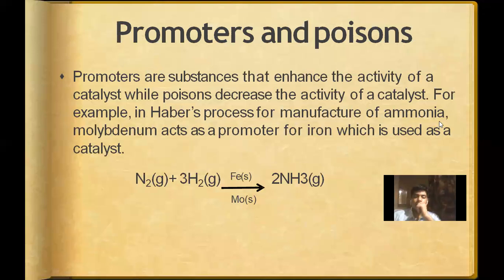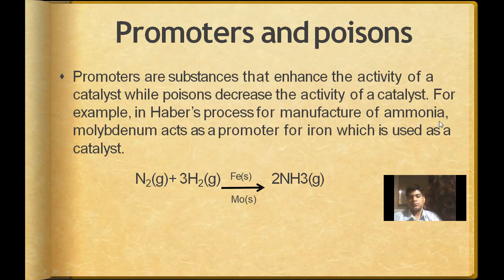There are different types of catalysts and their categories. We'll discuss two categories. First are promoters and poisons. Promoters are substances that enhance the activity of the catalyst, while poisons decrease the activity of the catalyst. So there are two types of foreign substances, promoters and poisons.